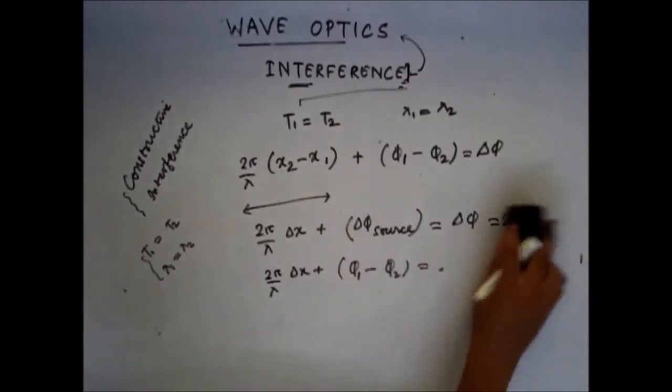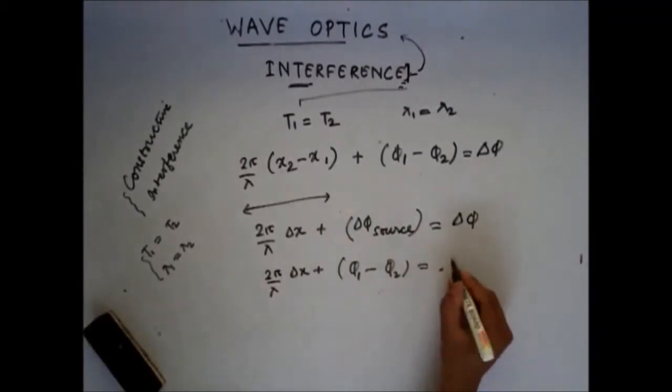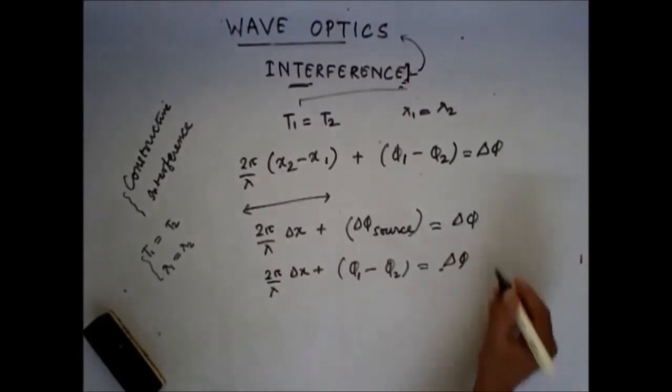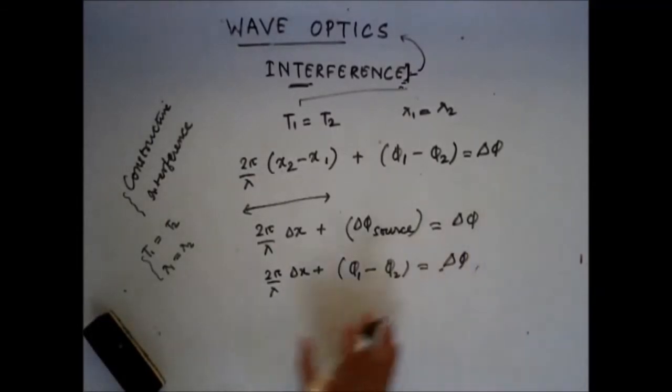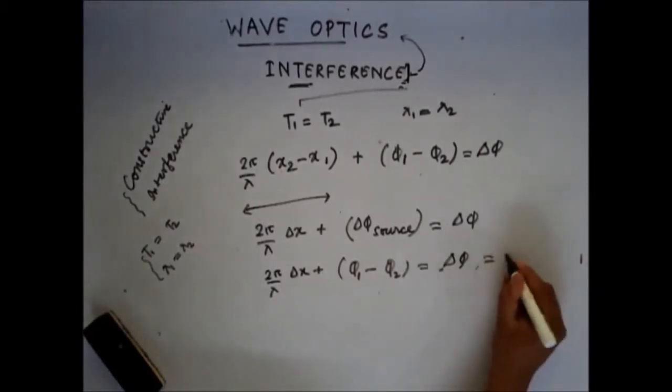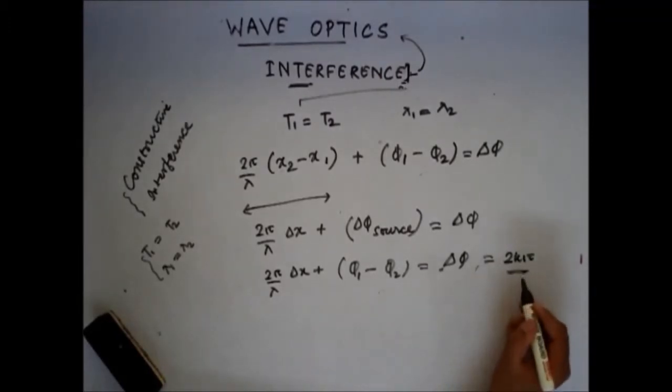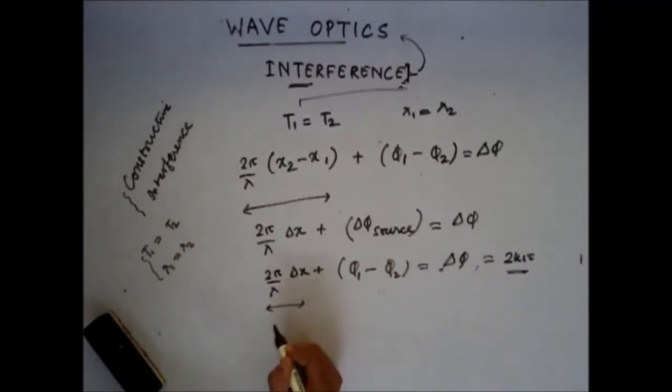Now let's forget about constructive interference. This was equal to delta, the phase difference. Okay. So for constructive interference it was equal to 2k pi. Now another thing to note here is that when I have constructive interference, this part is constant.